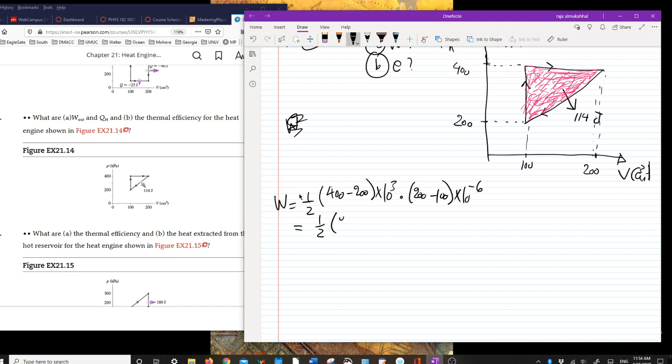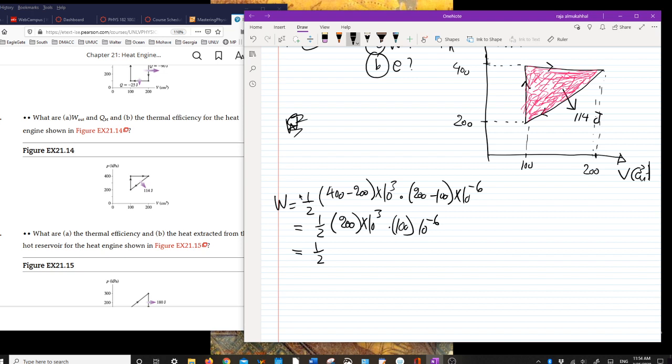So that will be 200 times 10 to the third times 100 times 10 to the negative 6. Let me calculate that. I've gotten an answer of 10 in my notes, but I'm doing it differently.